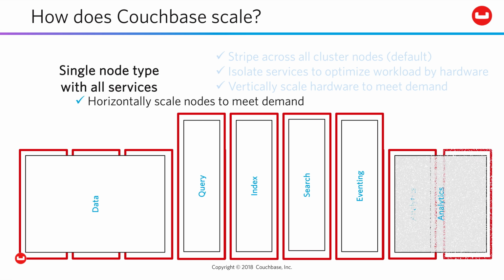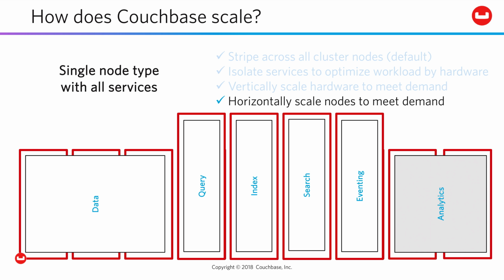Over time, you handle growing demand by adding additional nodes, tuned for the particular services requiring increased capacity. In short, with Couchbase, you get both maximum simplicity and maximum control across elastically and multi-dimensionally scalable clusters of commodity hardware.